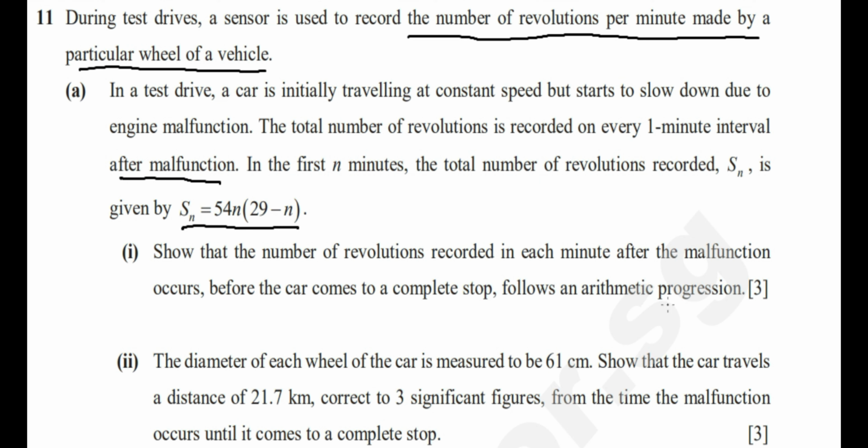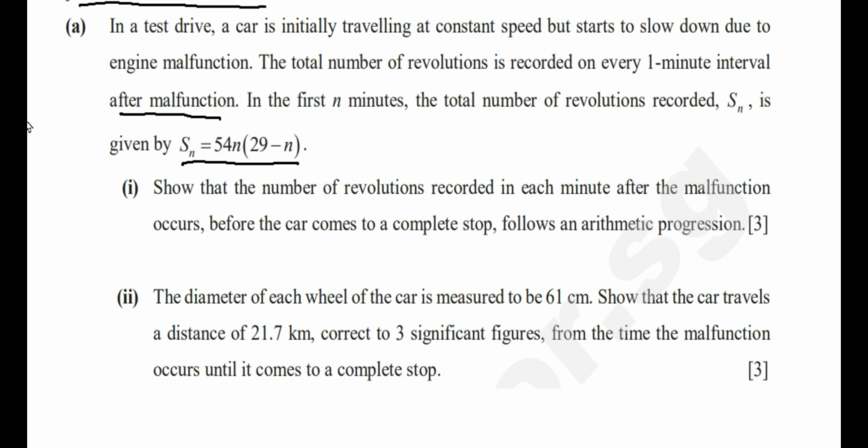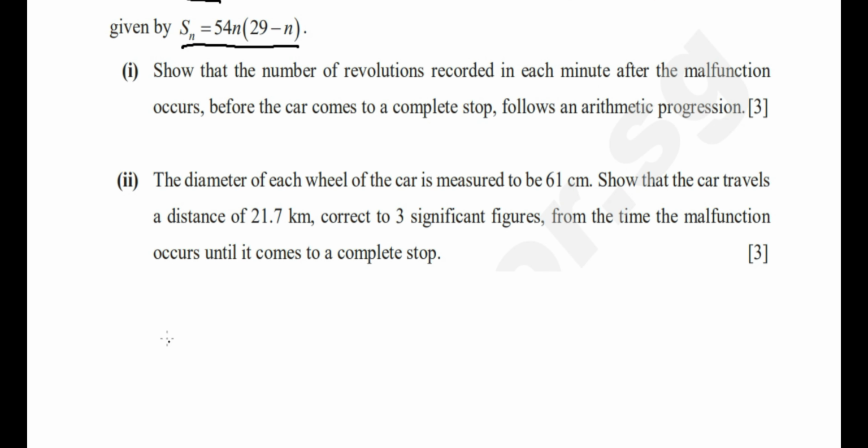What they actually want you to find out is, if Sn of any sequence is given by this sum of terms, then that sequence is actually an AP or arithmetic progression.